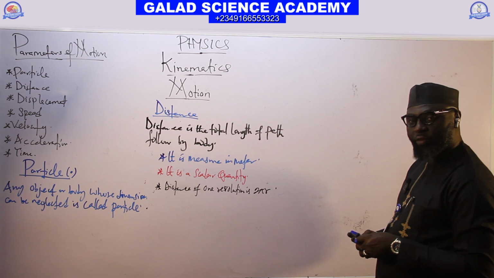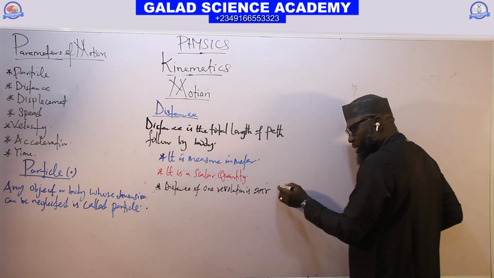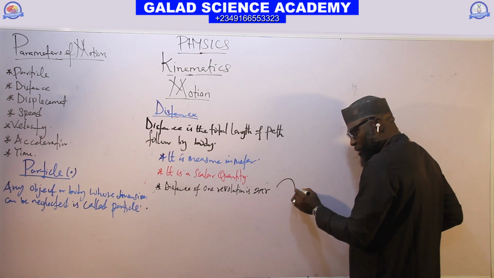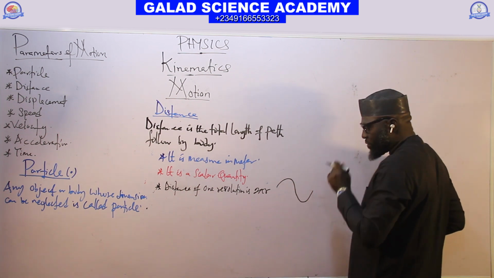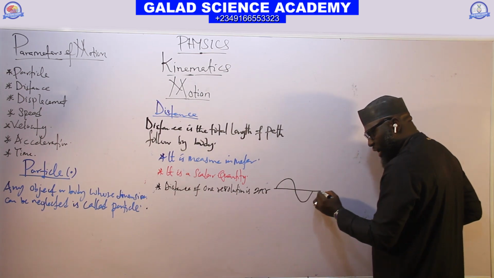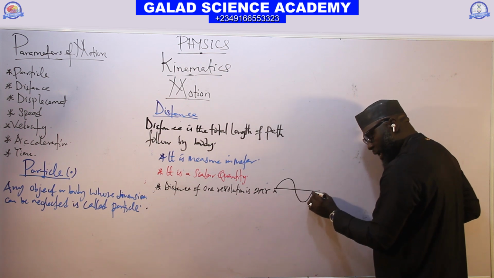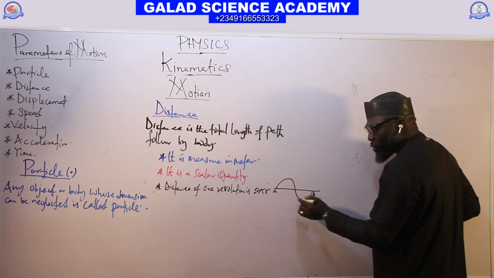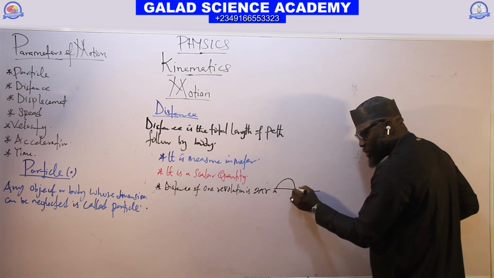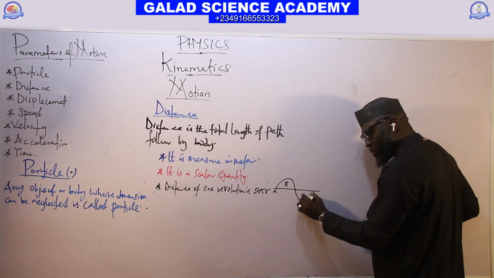If you are talking of the distance of one revolution, this is half of a revolution, and this is another half of a revolution. For a body traveling like this, the starting point is A and the end point is B. This is half of a revolution, which is pi. This is another half of a revolution.